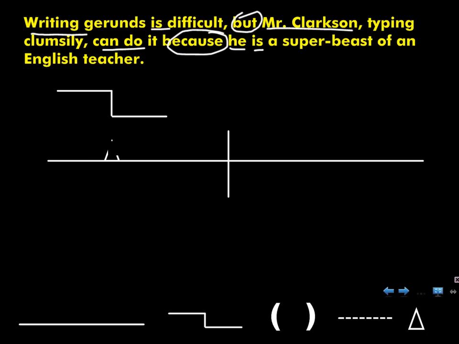Do you recall why we used this triangle for the infinitive? Because the infinitive required a certain structure that did not fit into this horizontal line, but we still needed it to be on the horizontal line. So I'll use this again.